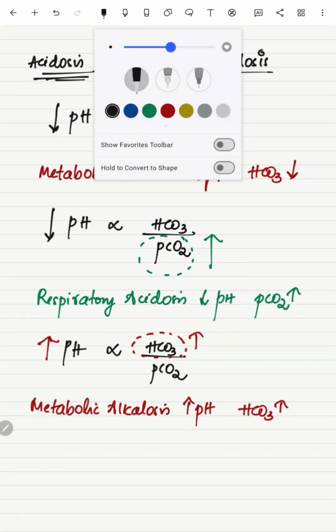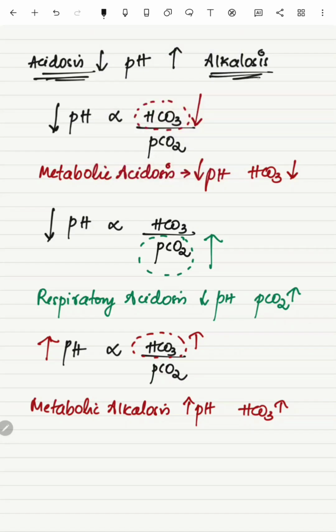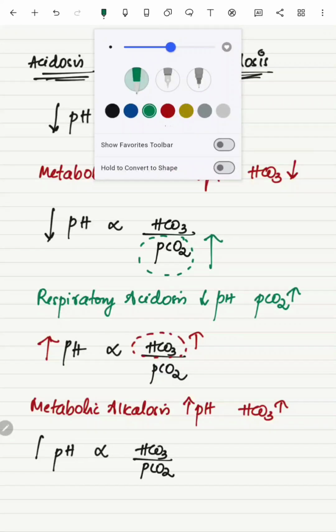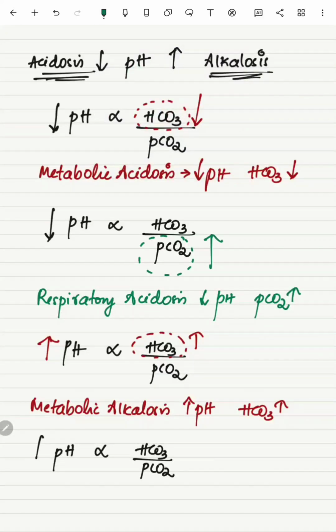Now the last one, again with the same equation, pH proportional to HCO3 by PCO2: respiratory alkalosis. Alkalosis means pH is increased. Now, since it is respiratory, we are expecting a change in the carbonic acid. Carbonic acid is proportional to PCO2.